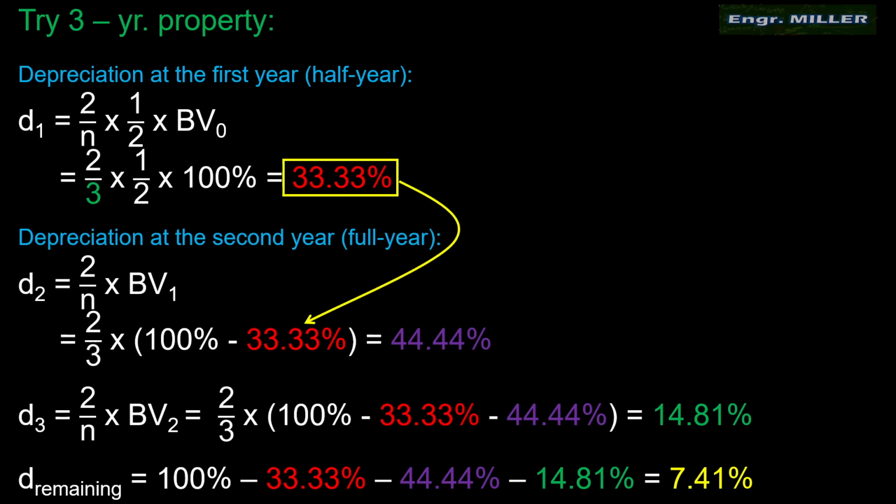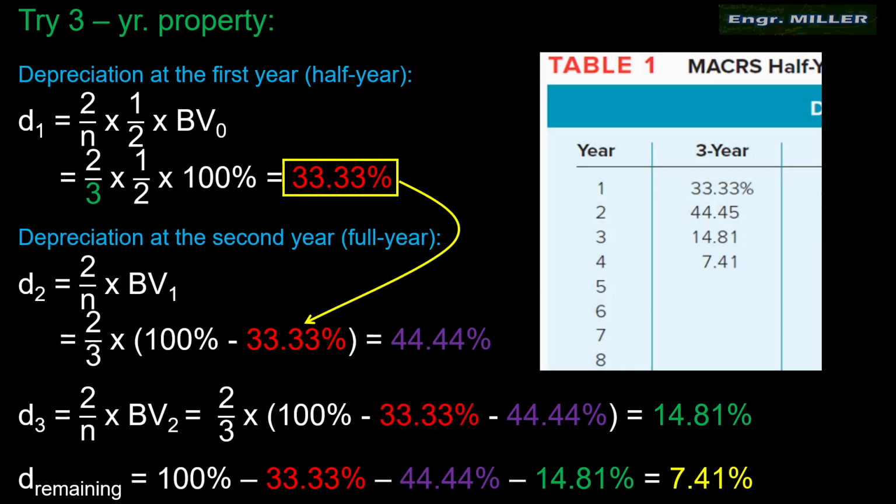So that pag nag-depreciate siya ng additional 7.41%, the book value becomes 0 or salvage value becomes 0. So let's check our table kung ganyan ba ang naging mga values din doon. Okay, 33.33, 44.45, 14.81, 7.41. Mali siya, tama tayo. Nag-round off kasi tayo. Okay, so anyway, that's the value.